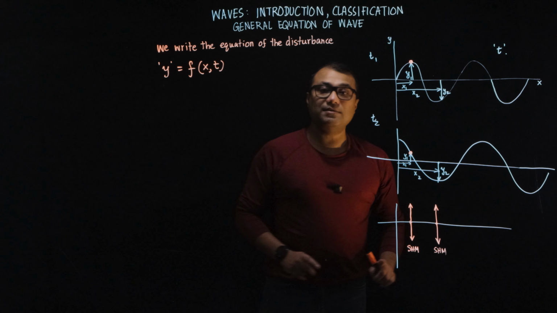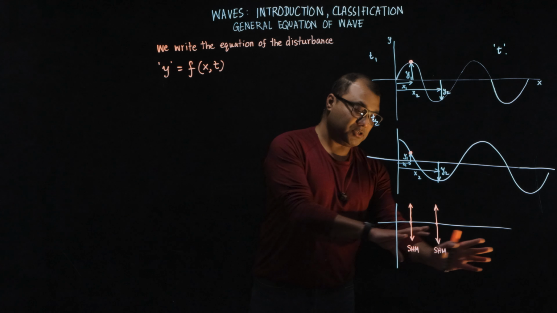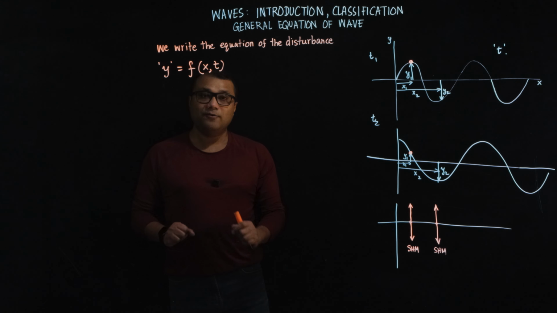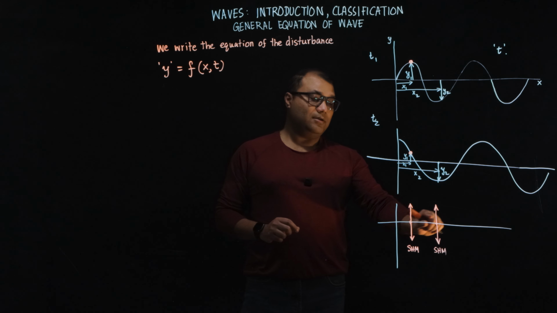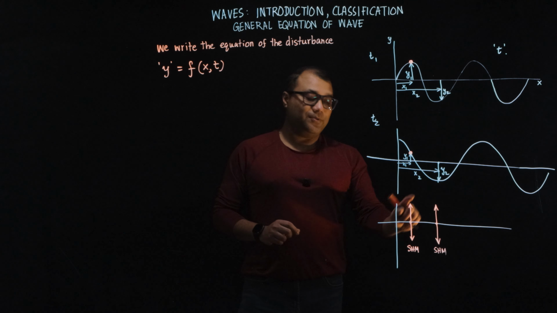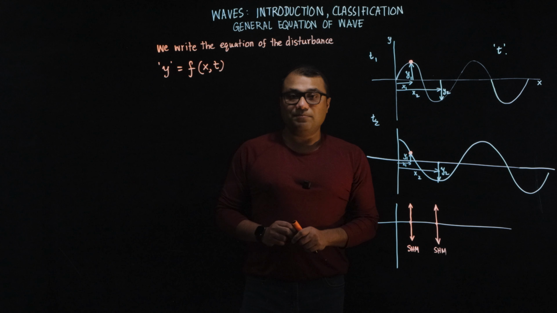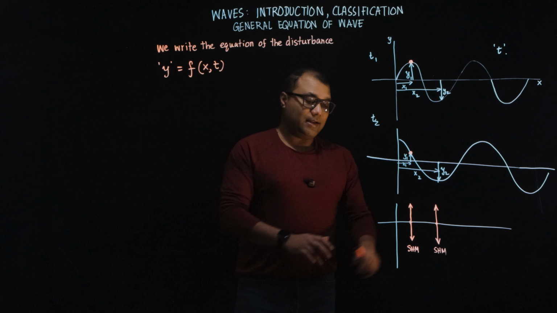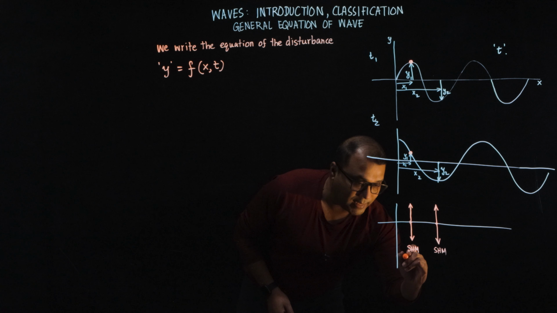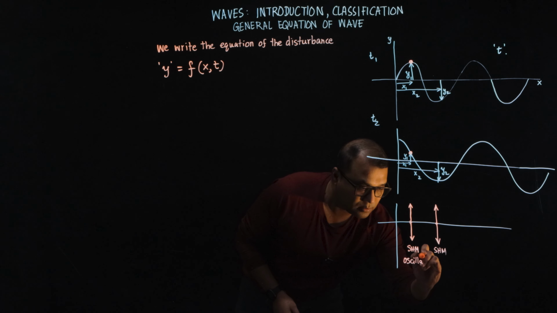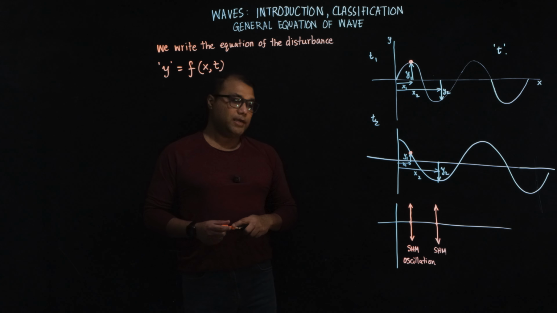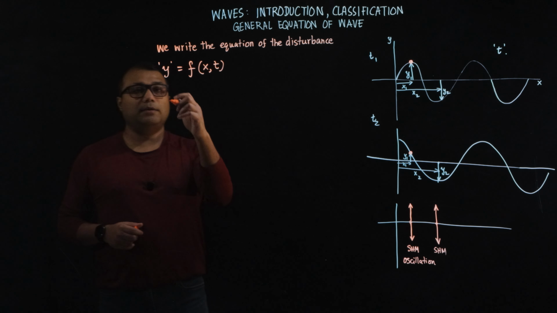It is not one simple harmonic motion, it is a collection of simple harmonic motions where each and every particle on the string is performing the same simple harmonic motion. If we generalize it, we can say the same oscillation. Okay? Let me write that down.